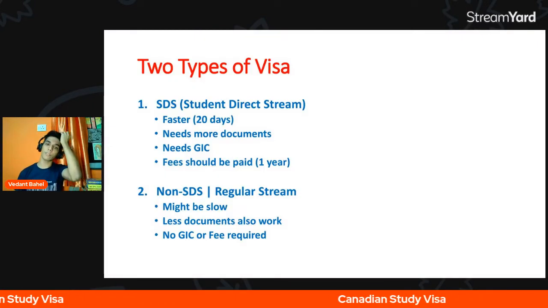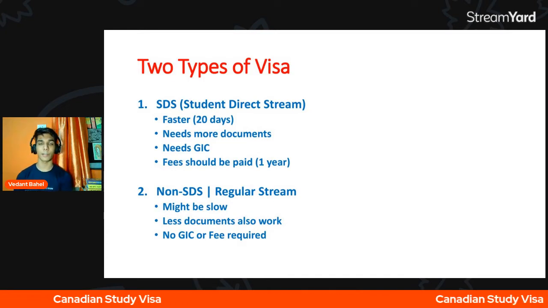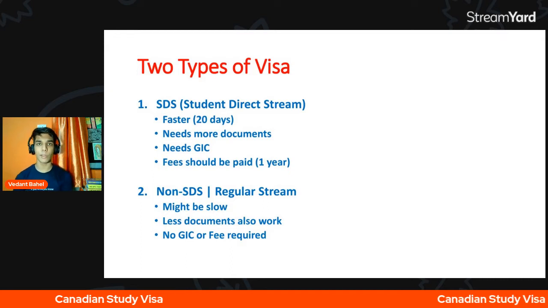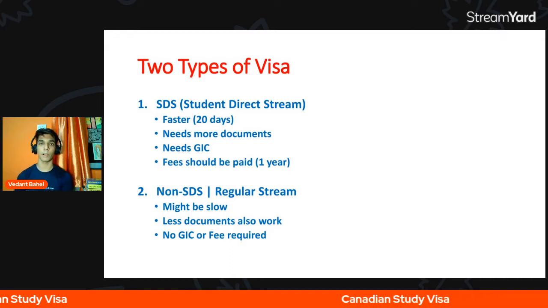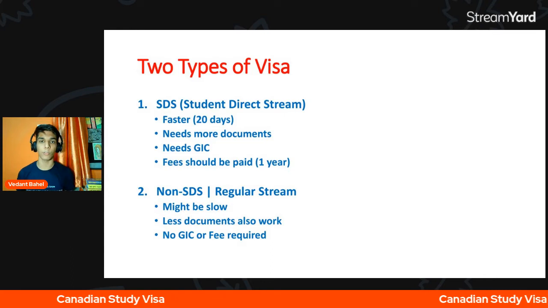First thing, there are two types of visas that one can apply for. First of all, congratulations that you got your acceptance letter from one of the Canadian universities. Once you have your acceptance letter, you can apply for the study permit. Now there are two types of methods that one can go for.